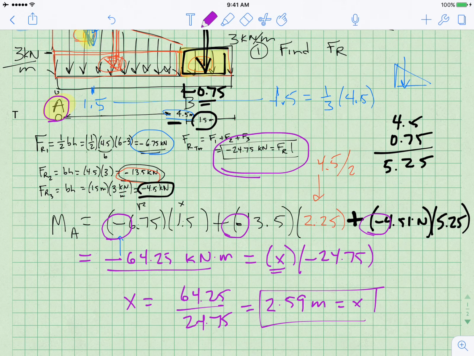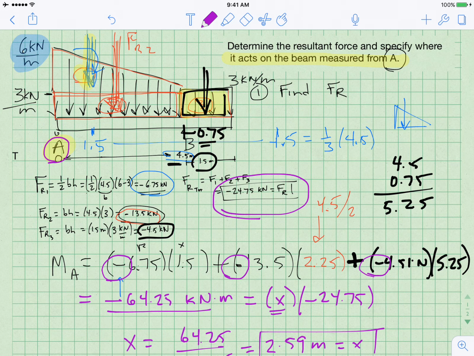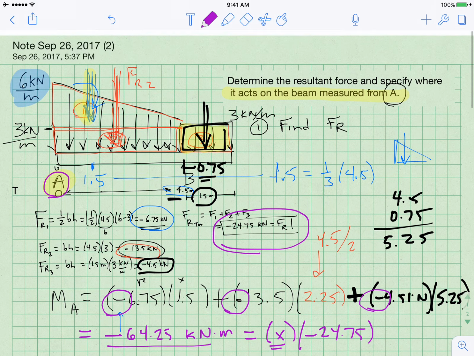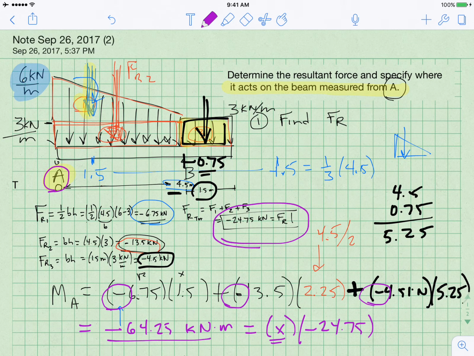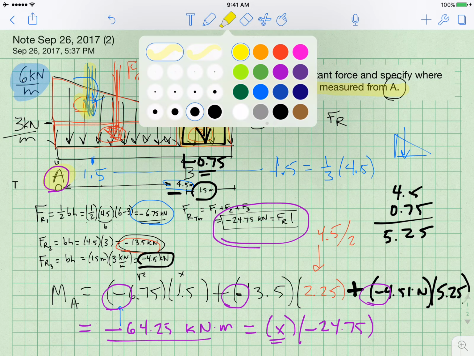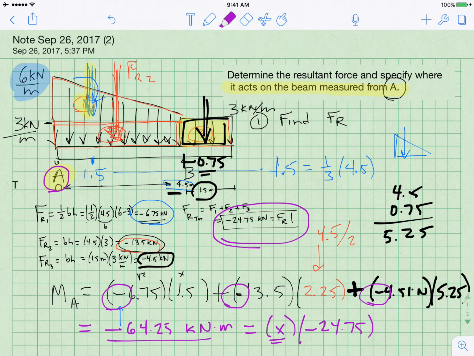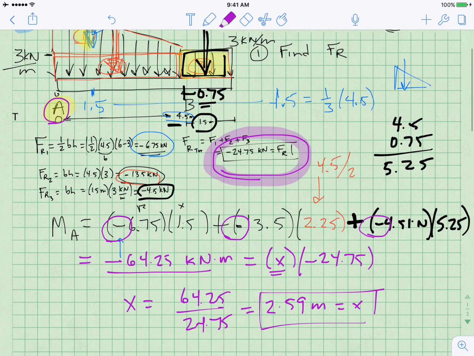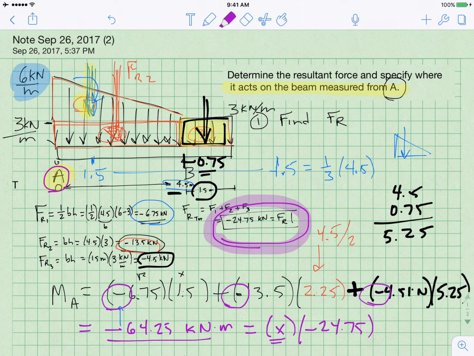And so to summarize, this force right here, this 24.75, if we locate it at exactly 2.59 along the beam, it's going to be about in this neighborhood, right about there.